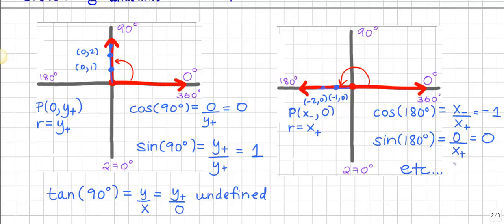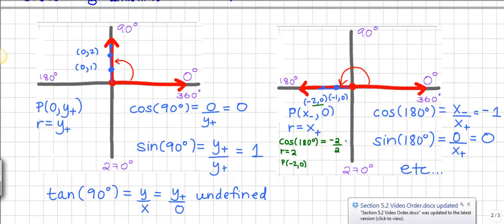Okay, now this one may have seemed a little more confusing, so let me do this with an actual value here. Let's suppose I use the point (-2, 0). Then my r is 2. My point is (-2, 0). So my cosine value is x over r. That's what I mean by us getting a value of -1 over here.